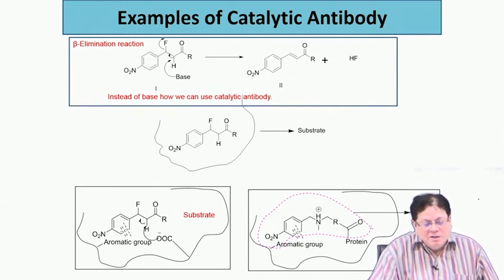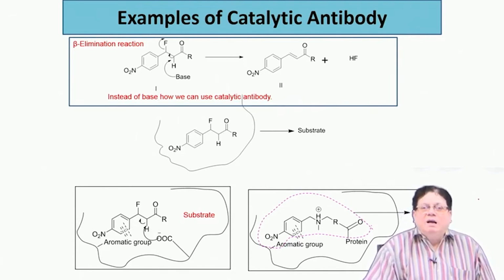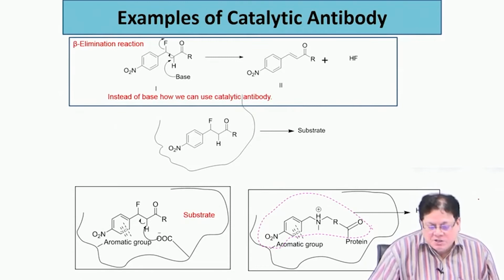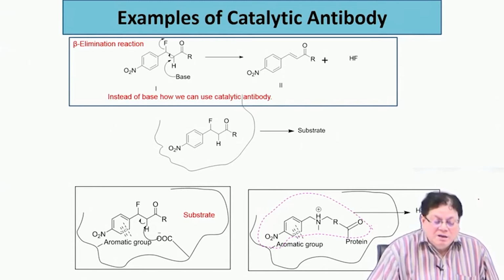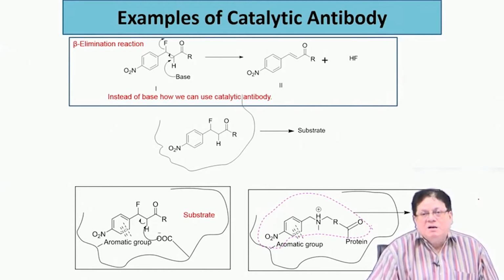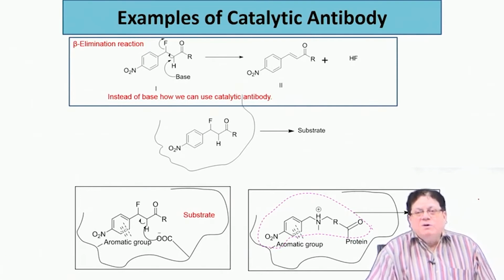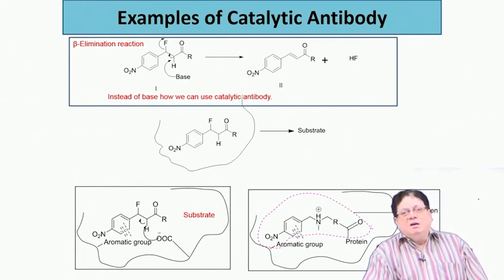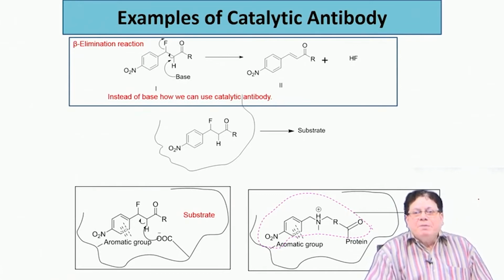By the way, this whole catalytic antibody was discovered on the West Coast, in California, particularly in an institute called Scripps Research Institute, where two scientists, Richard Lerner and Peter Schultz, developed this catalytic antibody technology.